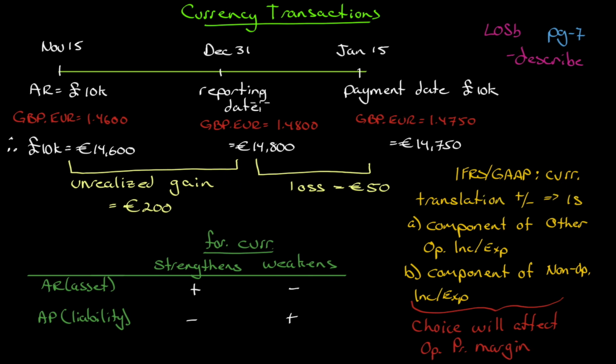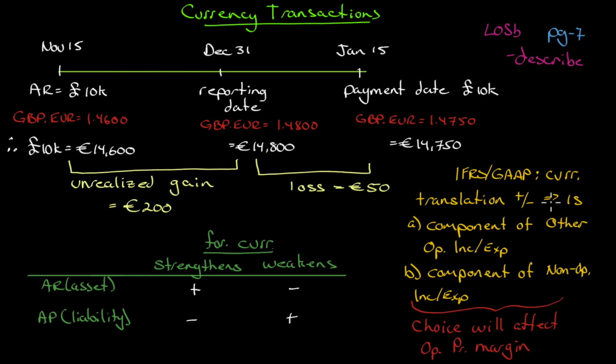And this right here, while we engaged in a foreign currency transaction, as of December 31st, when we recognize this unrealized gain, that is not a foreign currency transaction. That is a foreign currency translation of a previous transaction. So we need to be careful about the words transaction and translation here. The currency translation gain or loss, and that's what we have here, that's a translation gain or loss, goes to the income statement.